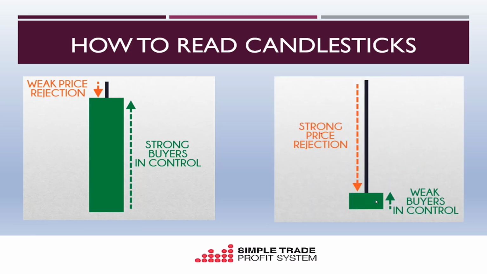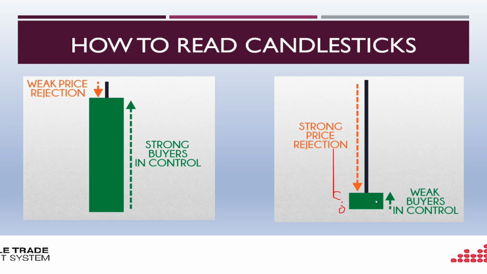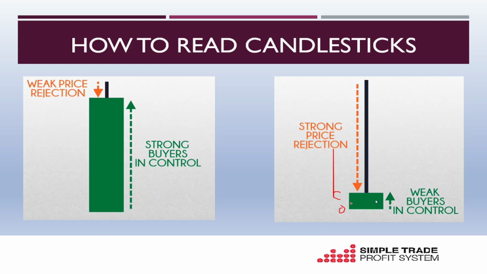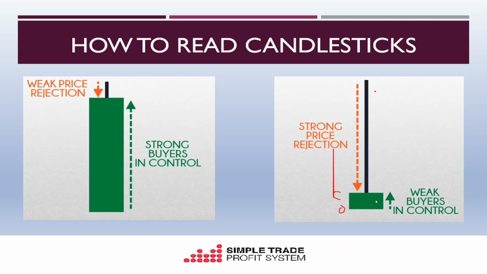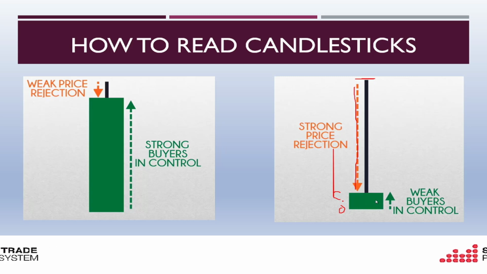With this one, yes, it is still a bullish candle because price opened here and it did close higher. But look at how far it had traveled up. It traveled all the way up here, and then sellers came in and pushed it all the way back down, and it closed here.